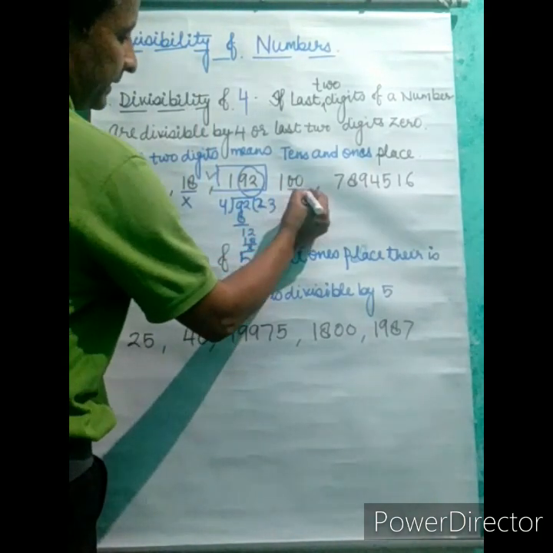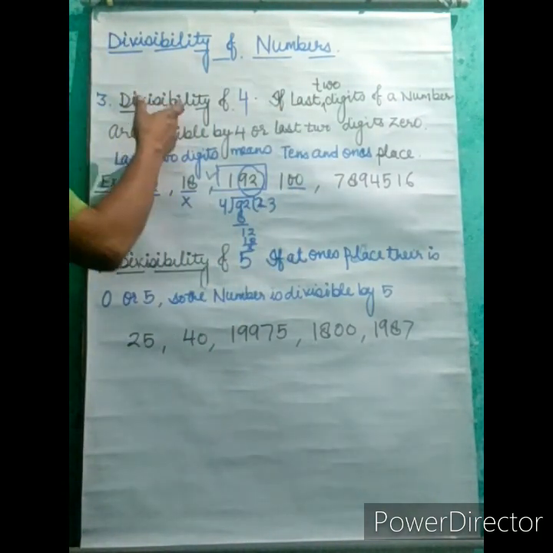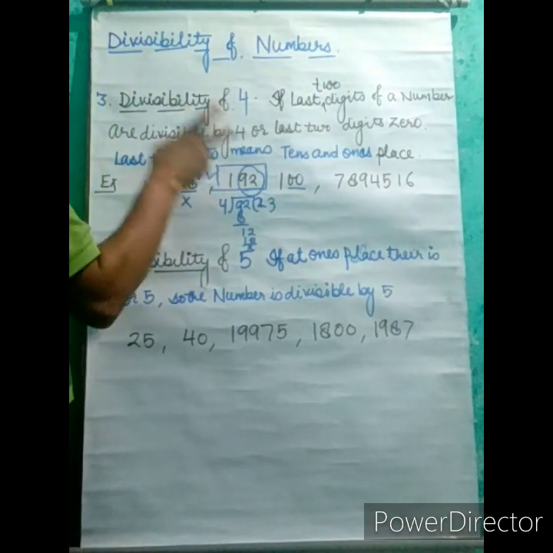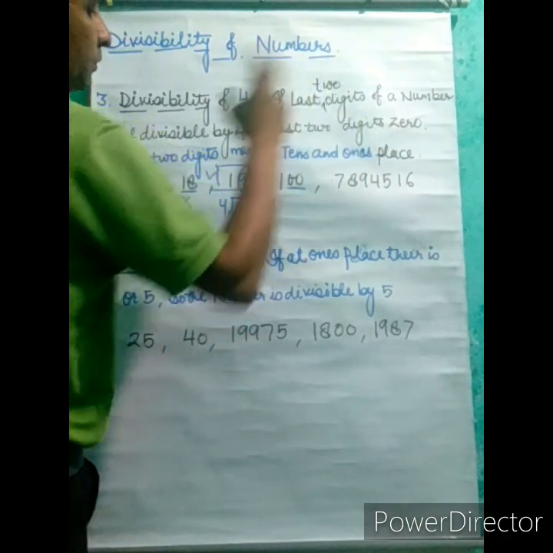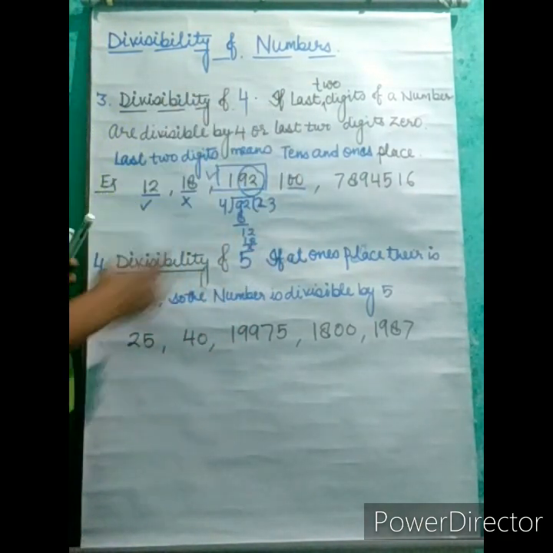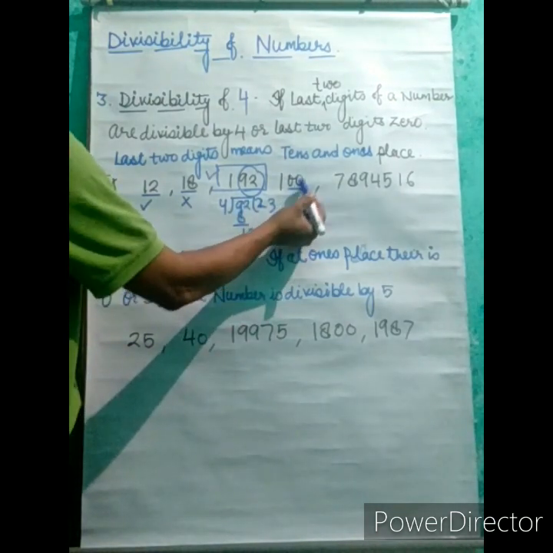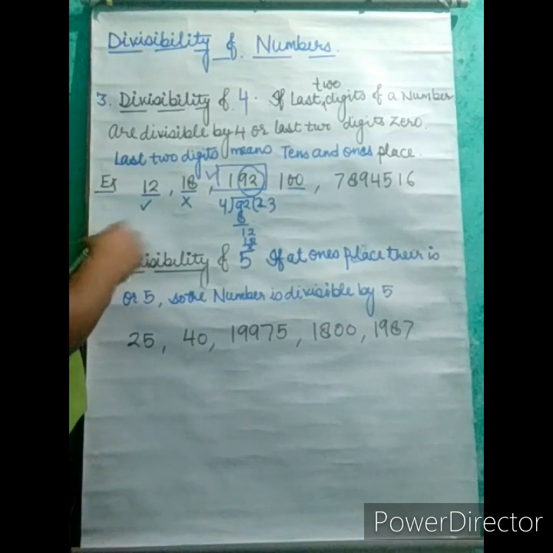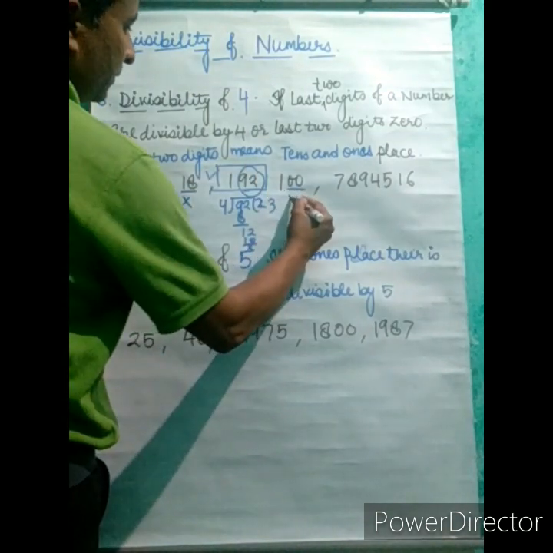Now there are two conditions in divisibility of 4. Either the last two digits are divisible by 4 or the last two digits should be 0. So in this number, the last two digits, meaning ones and tens place, are 0. It means this number is also divisible by 4.